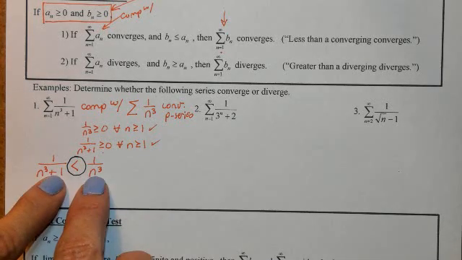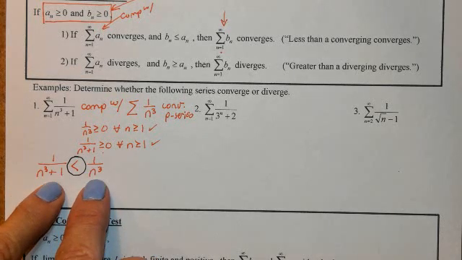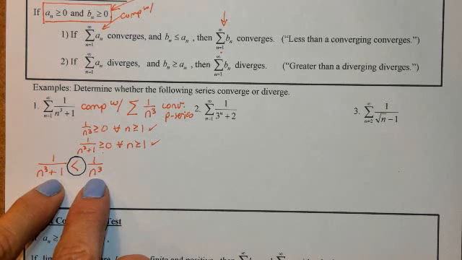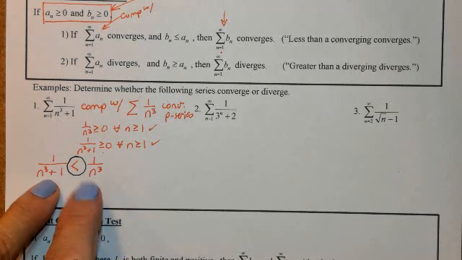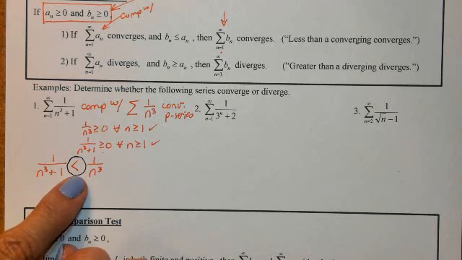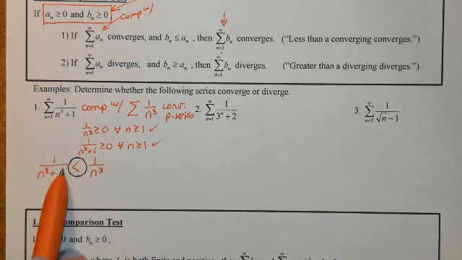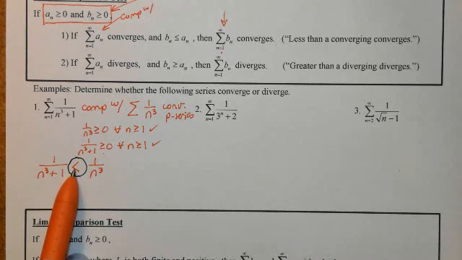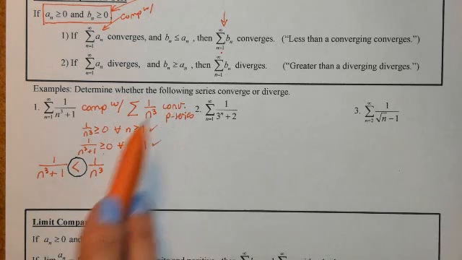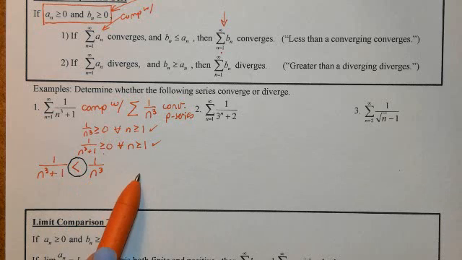If you keep the numerators the same and only look at the denominators, it's really easy to compare these two. If this denominator is larger than this denominator, then the whole fraction will be less than this fraction. So we have a series with terms always less than a converging series, and less than a converging series converges.